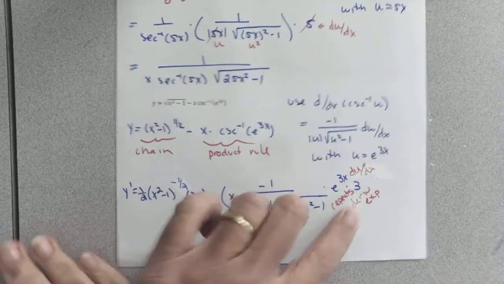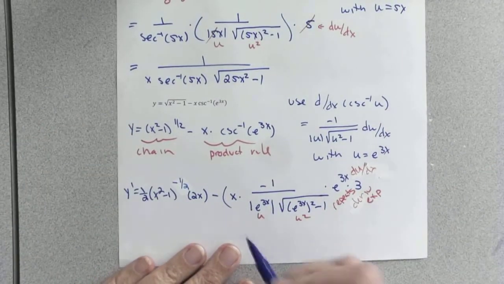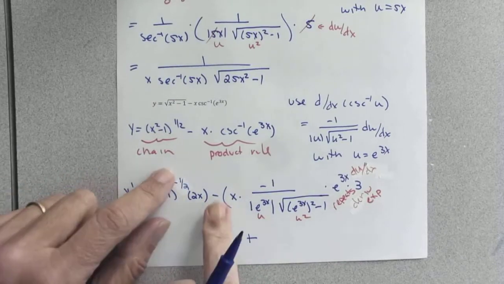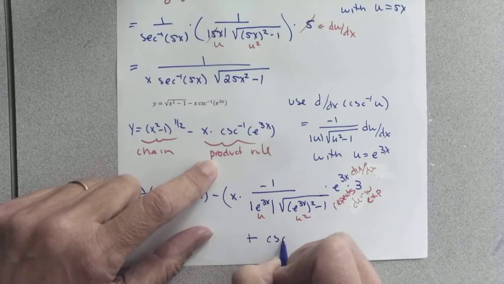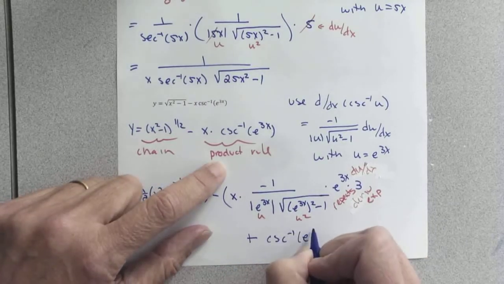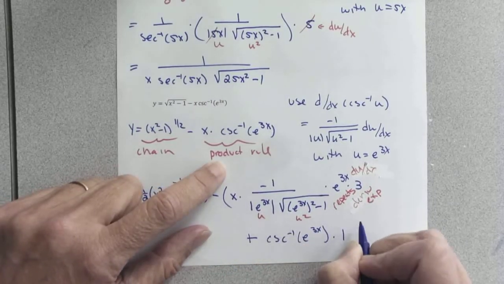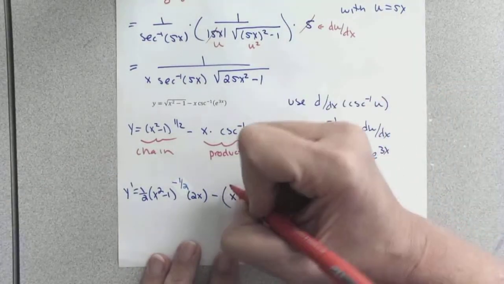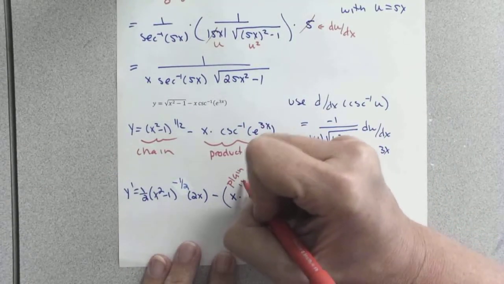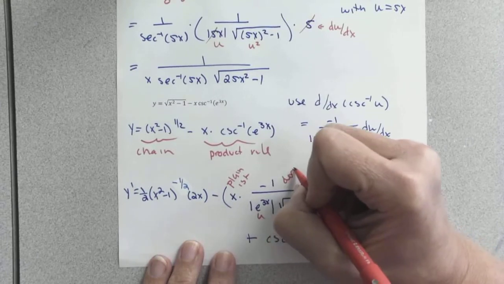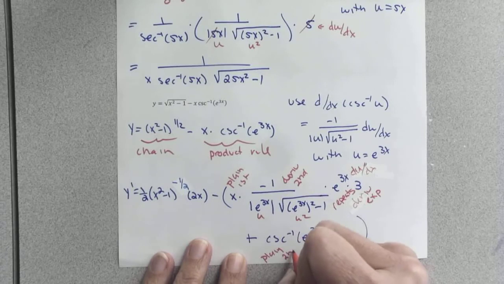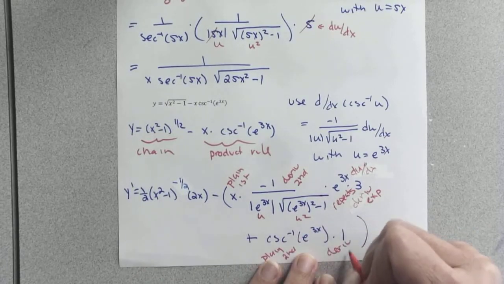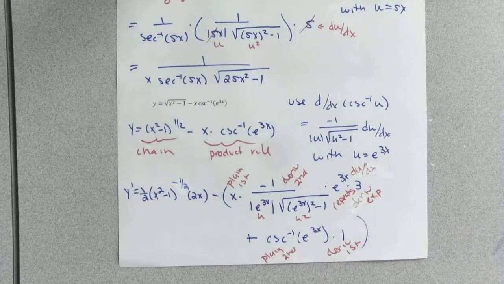I'm running out of room. So we'll drop down and do the second half of the product rule. So it was play first, derivative of the second, play second, derivative of the first. Okay, let's clean that bad boy up.